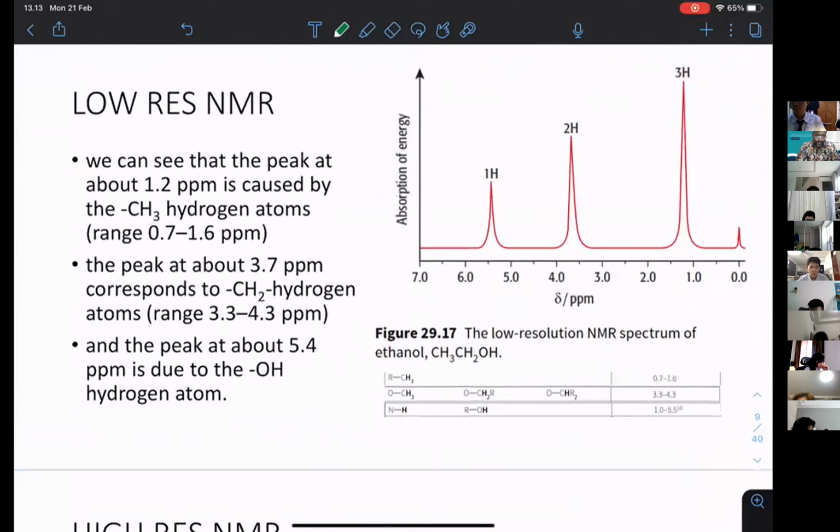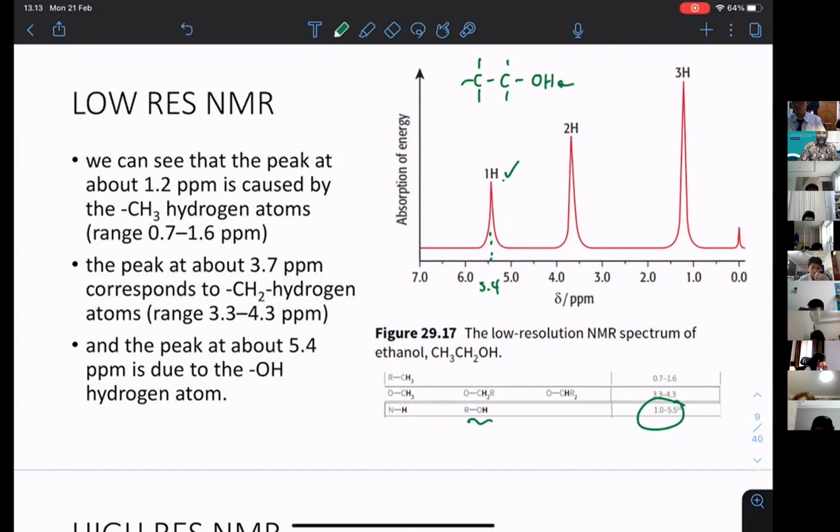They tell us that this particular peak corresponds to what? They say this is going to be around 5.4. If I look at 5.4, it's going to be ROH. So I can predict this is going to be for this hydrogen, and because it's 1, it's confirmed.